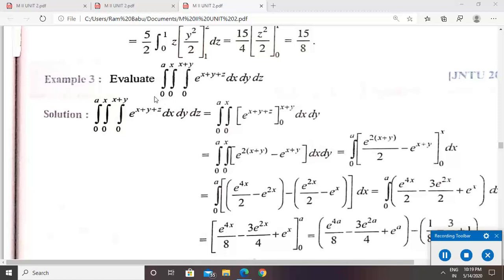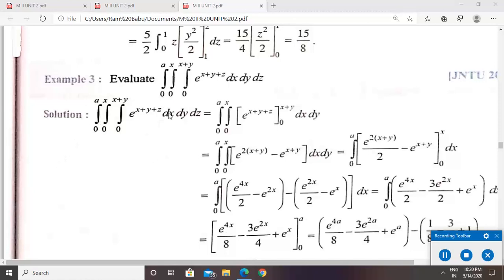Therefore, it is x equals 0 to x is equal to a. Therefore, z is equal to 0 to z is equal to x plus y for the third integration, and for the second integration y is equal to 0 to y is equal to x, and for the first integration limits are x equals 0 to x is equal to a.